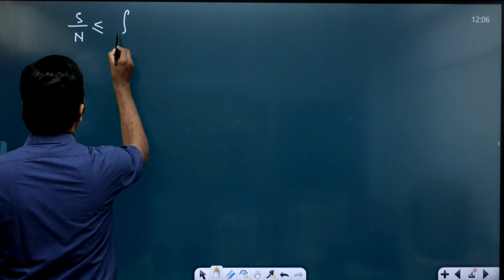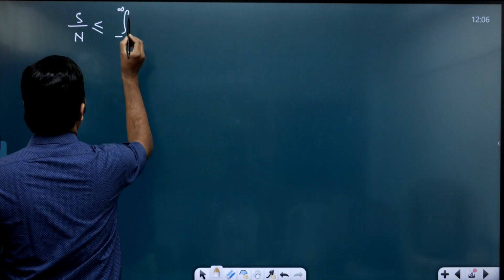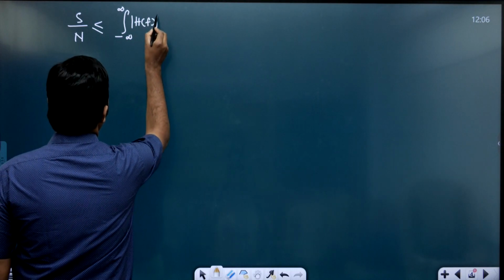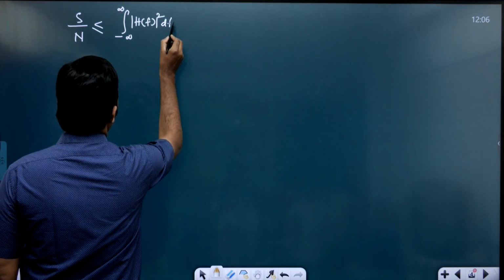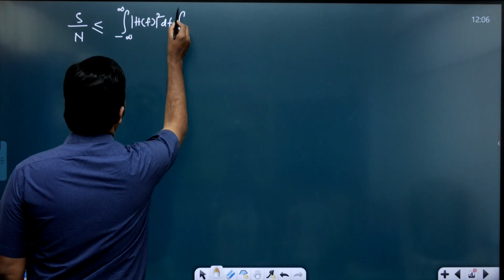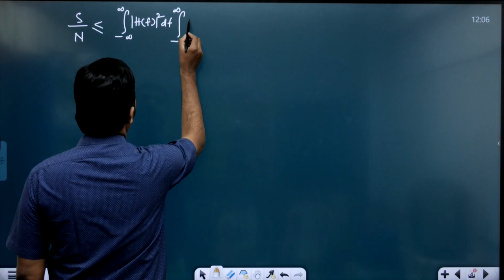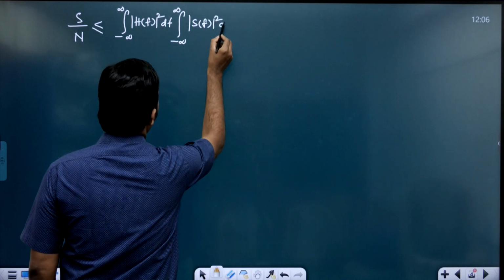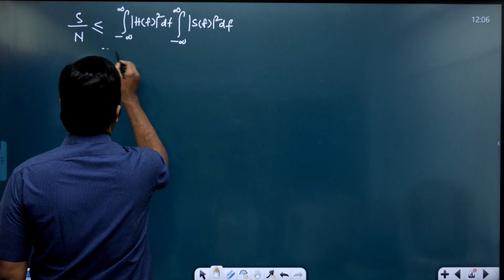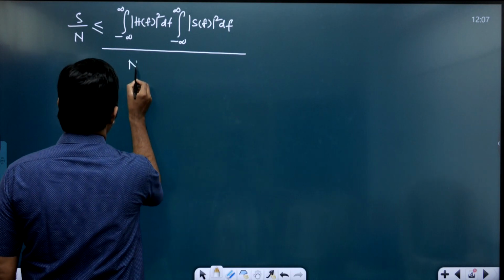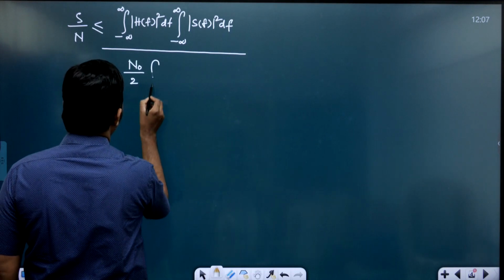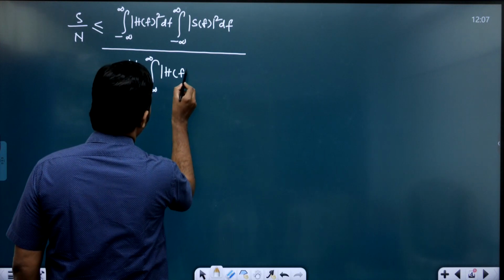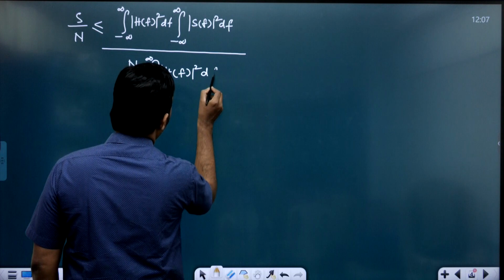Integral from minus infinity to infinity of magnitude of H(f) whole square df, multiplied with integral from minus infinity to infinity of magnitude of S(f) whole square df, by N0 by 2 integral from minus infinity to infinity of magnitude of H(f) whole square df.